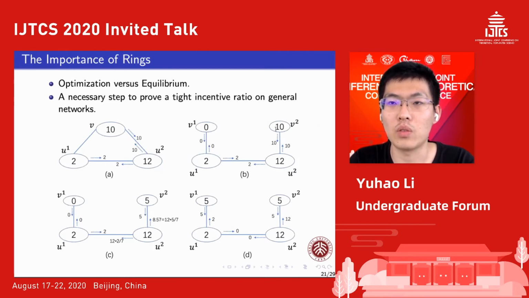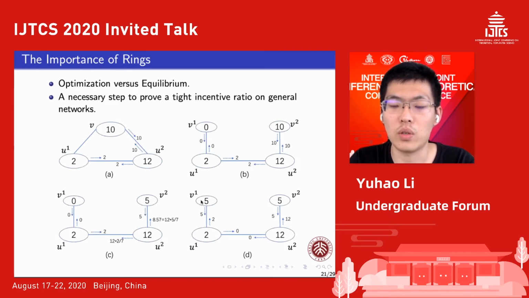So now we want to reallocate the resources on V1 and V2. Let us first decrease the weight of V2 to 5, and U2 will give less to V2, so about 8.57. And then we will increase the weight of V1 to 5.